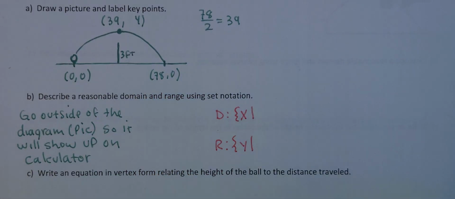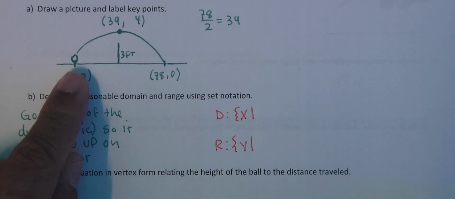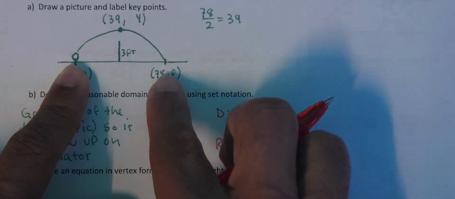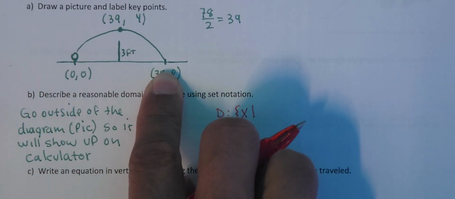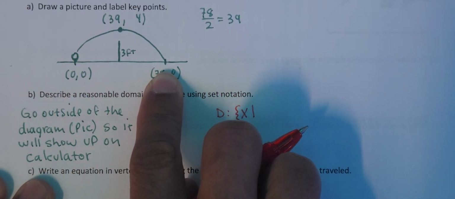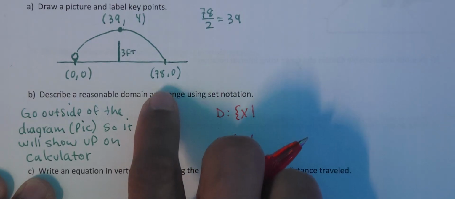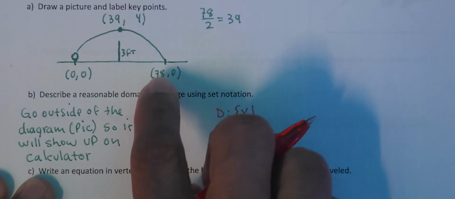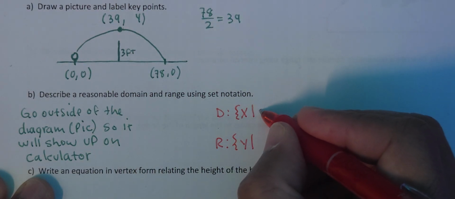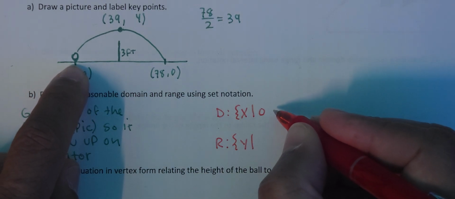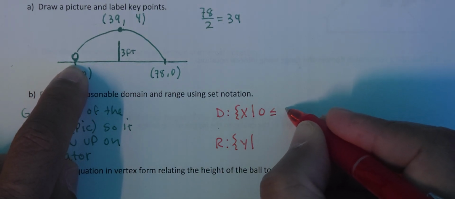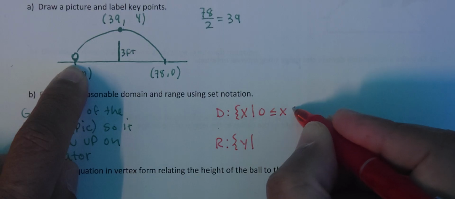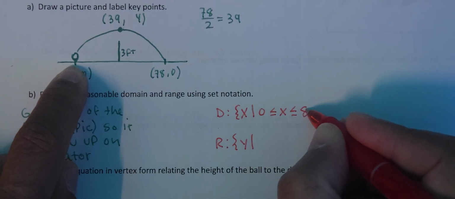So now watch this. It says describe a reasonable domain. So notice that for the domain, this is going from 0 to 78. So there is no infinity implied here. Okay, so that means I'm just going to go 2 units more, or 2 feet more than 78. So 0, which is this point here, less than or equal to x, because it's a domain, which is less than or equal to 80.